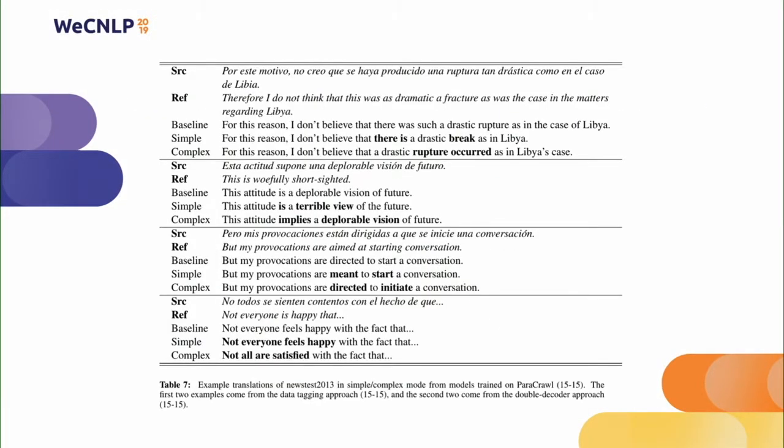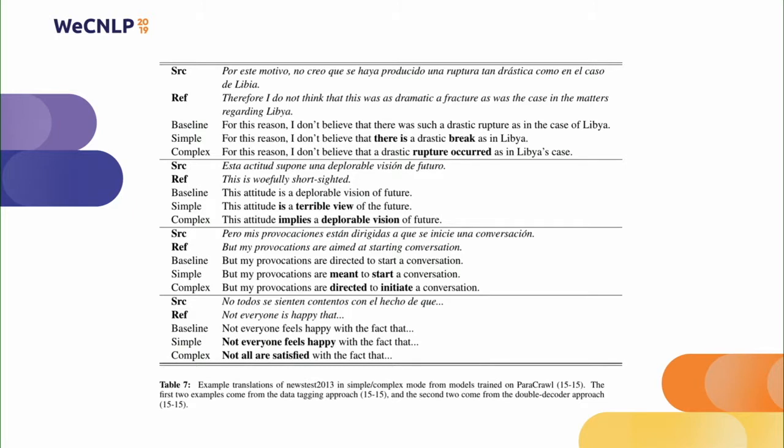Now for our qualitative examples, the first 2 come from the data tagging approach. The second 2 come from the double decoder approach. I'll read a couple of them out. So for the second one, the data tagging in simple mode decided to translate this sentence into, "This attitude is a terrible view of the future." And in complex mode, we have, "This attitude implies a deplorable vision of the future."